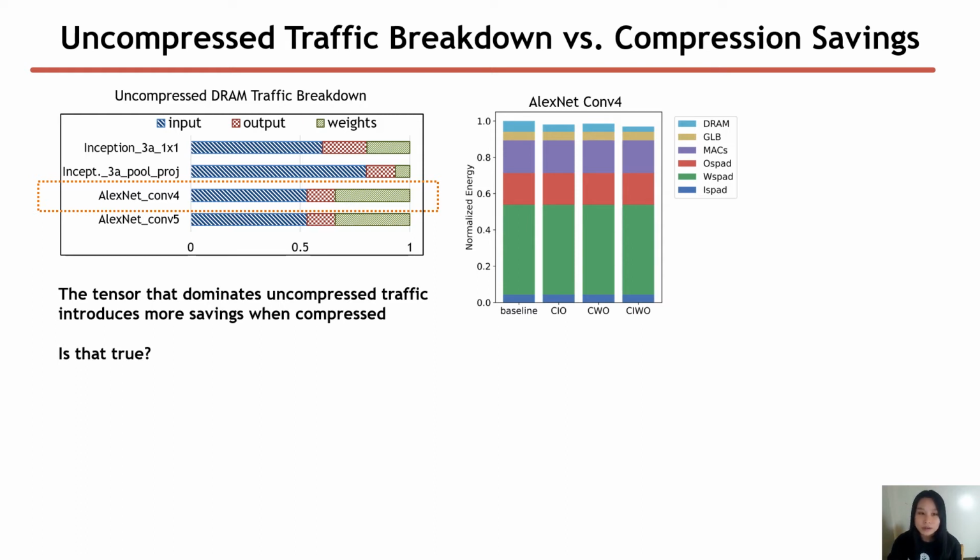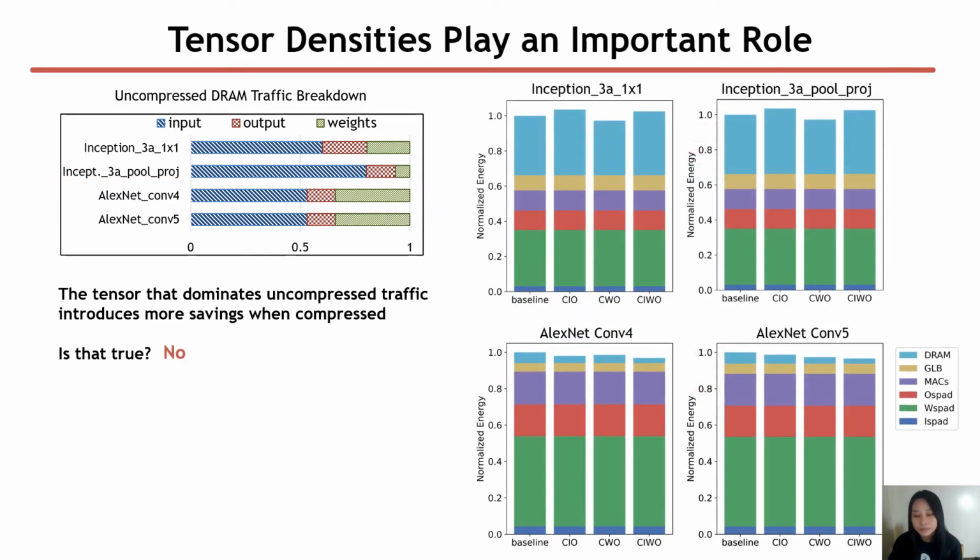Is this correlation true for all of the layers? And the answer is no. If we use Timeloop V2 to evaluate multiple example layers as shown here, you will see that it is not true that compressing the tensor that dominates DRAM traffic will for sure lead to better performance.